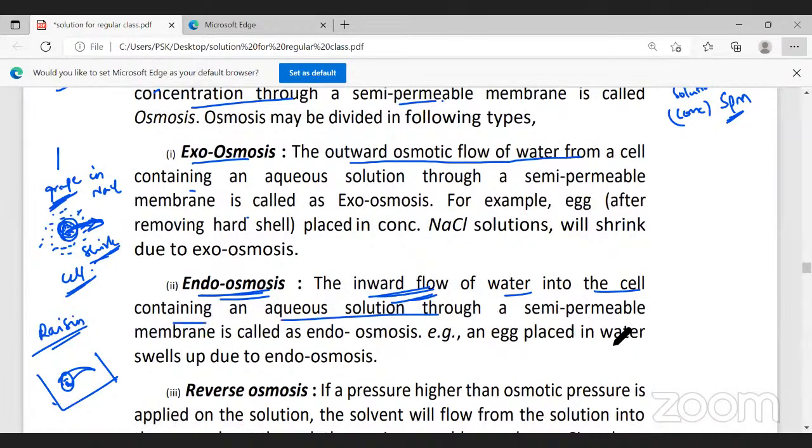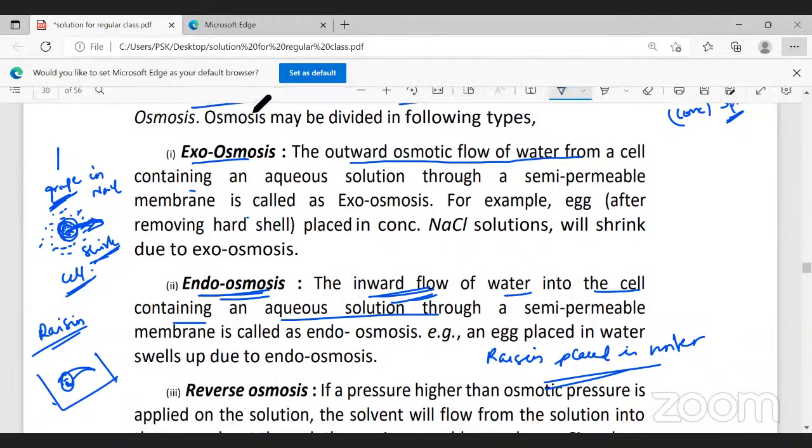An egg placed in water swells up due to endoosmosis. Likewise, a raisin placed in water also swells. So this is called endoosmosis. Did you understand these two terms? Yes, sir. Now, I hope that you understood osmosis, exoosmosis, as well as endoosmosis.